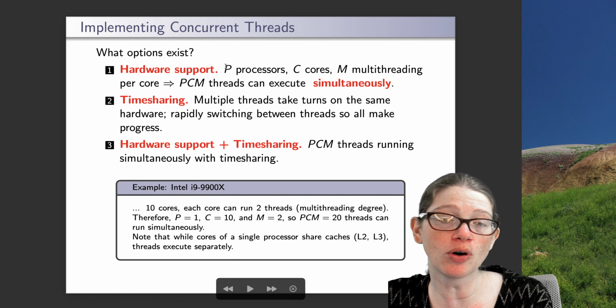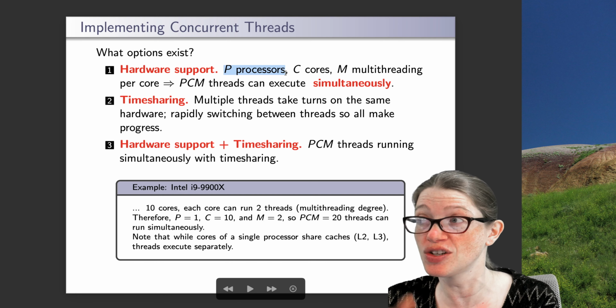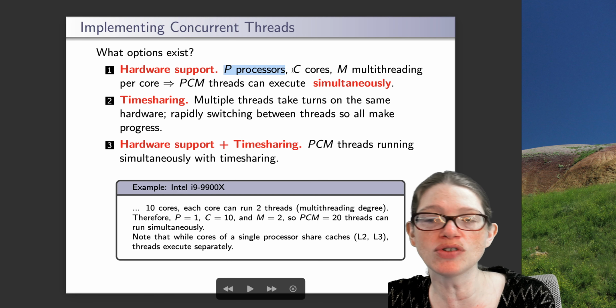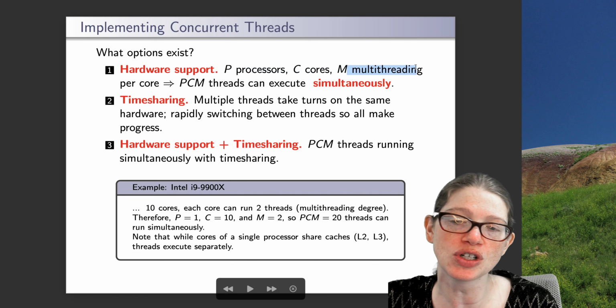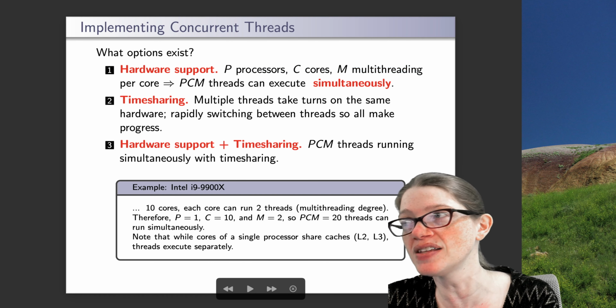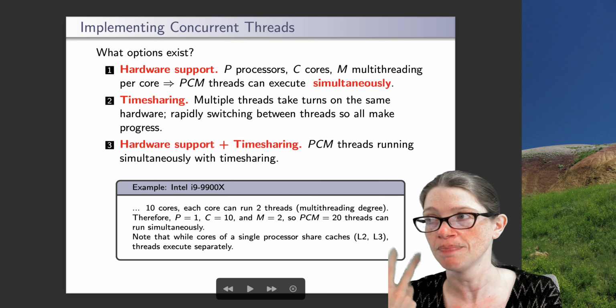So for our hardware support, our computer has some number of processors, so physical chips. Each of those processors has some number of cores, and each of those cores supports some degree of multi-threading. For example, Intel's hyper-threading supports 2 threads.